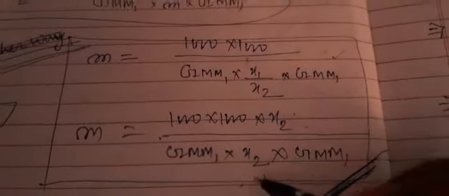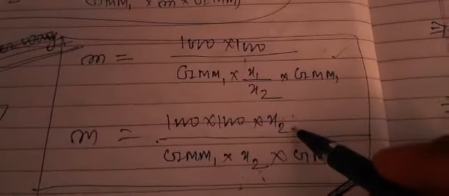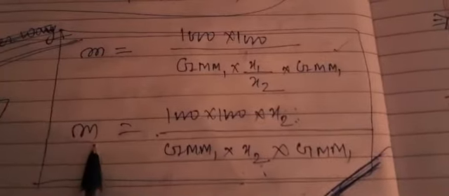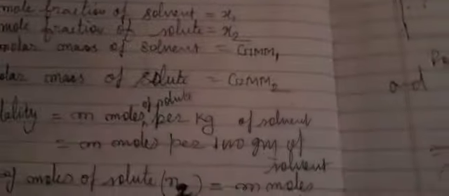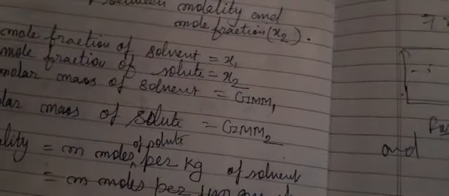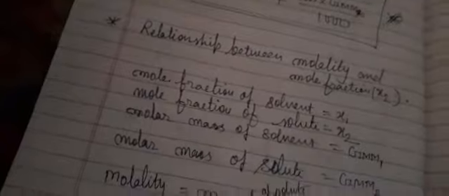That means if the mole fraction of the solute is known to you, then you can find out the molality of the solution by using this formula, but it appears very complicated. Okay. Now in another way we will make the calculation.